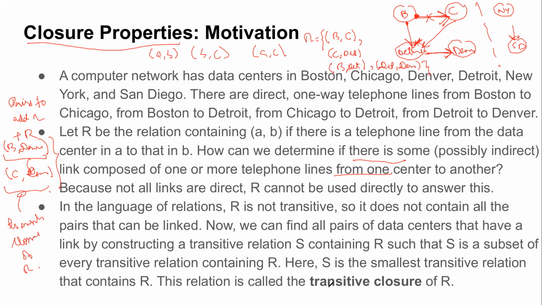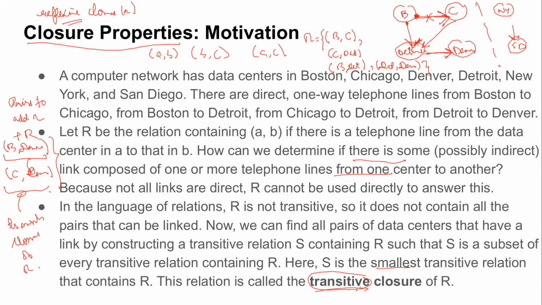Okay. So in short, by this motivational example, what I want to tell you is that closure of any relation simply means what all pairs are missing, which we can add to that relation so that it becomes that particular relation. That means if I have to make a relation reflexive, then I have to add all those ordered pairs that would make that relation reflexive, the smallest number of pairs that I need to add so that the relation becomes reflexive.